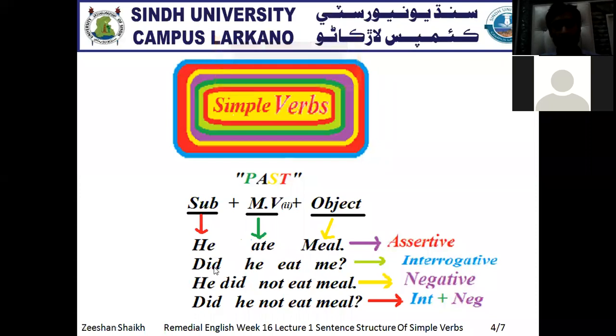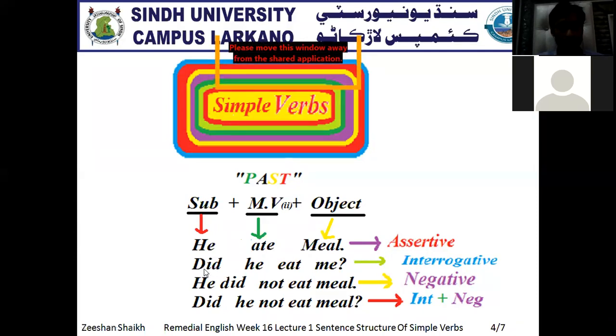Then of course, as I already taught you before, whenever we are trying to make the interrogative sentence, then we have to give the helping verb first. Likewise, I have given here in the first did, then the subject he, then the main verb eat. Whenever we are trying to make the interrogative sentence as well as the negative sentence, the second form will be converted into the first form.